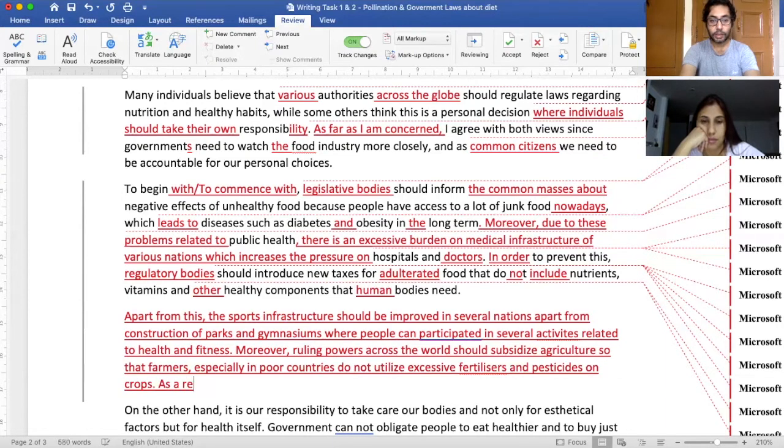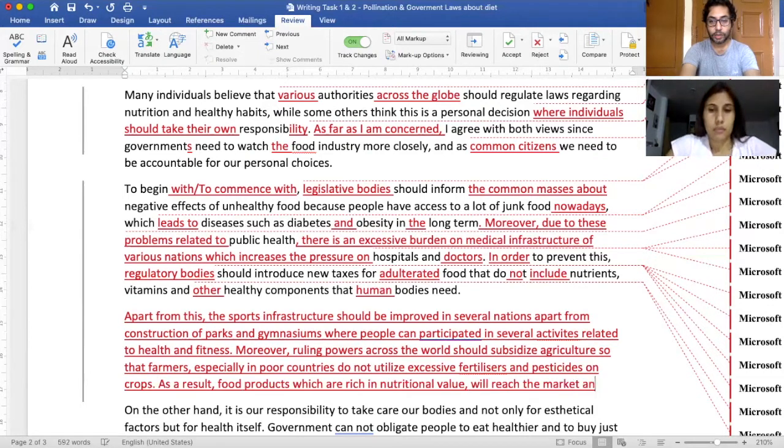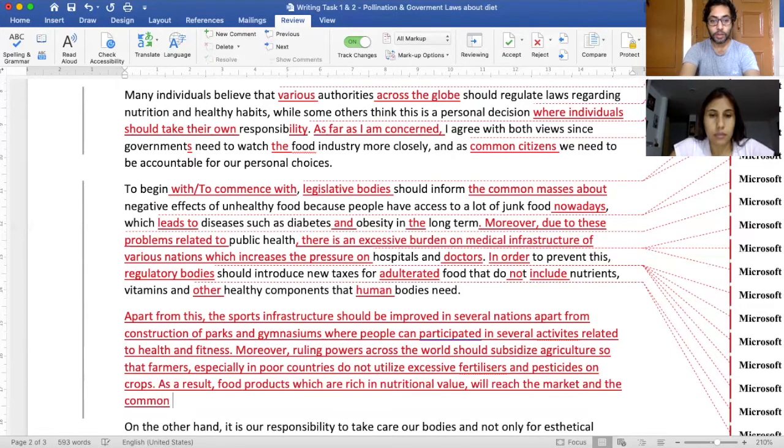As a result, food products which are rich in nutritional value will reach the market, and the common people will naturally receive a healthy diet.